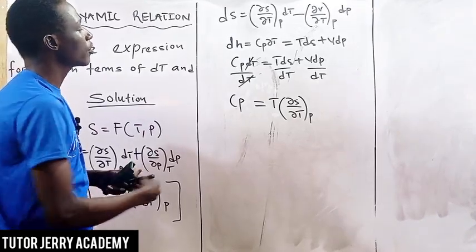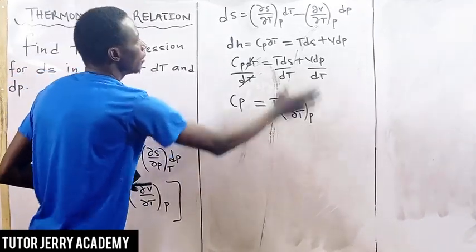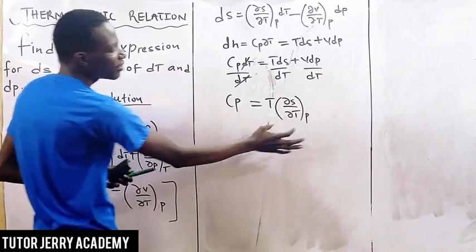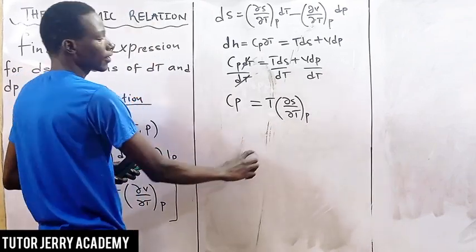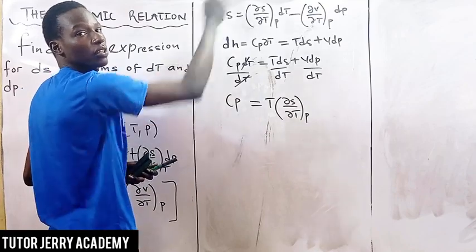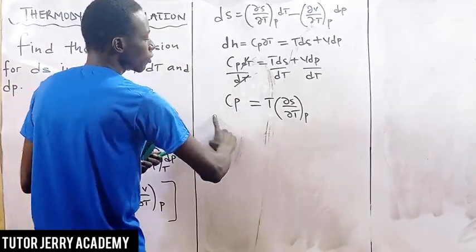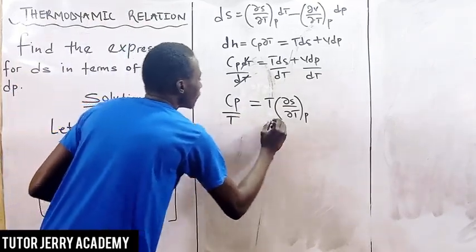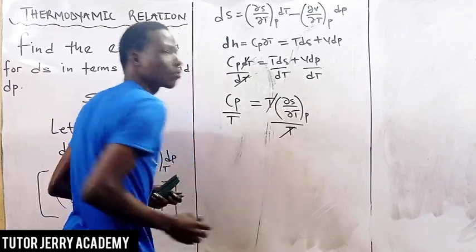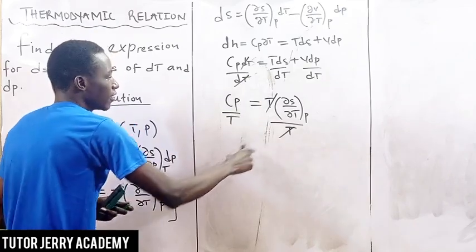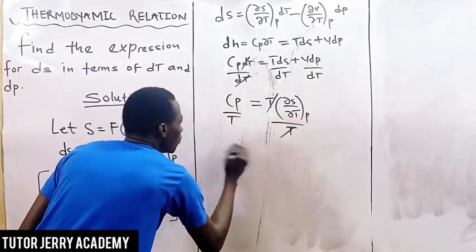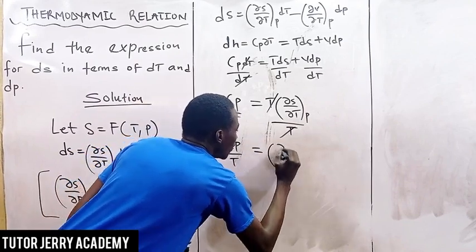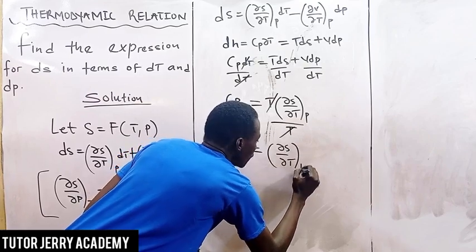Now, if you look at this equation, what we have here is equal to what we have here. So I am going to make this the subject of the relation and then substitute its value in the above equation. I divide through this equation by T, so T goes with T. This gives Cp over T equals the partial derivative of S over the partial derivative of T, keeping P constant.